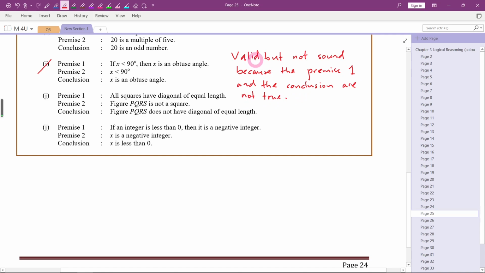If an argument is valid, it can be sound or not sound. In this situation, valid but not sound because premise 1 and the conclusion are not true. If x is less than 90 degrees, and you say x is an obtuse angle, that is not correct. If x is less than 90 degrees, then x is an acute angle, not an obtuse angle. So in this situation, valid, but premise 1 and the conclusion are not true, so we say that this is not sound.